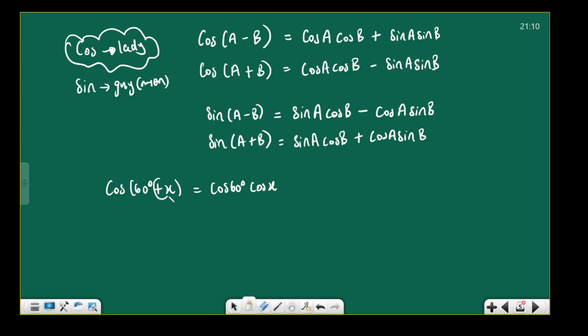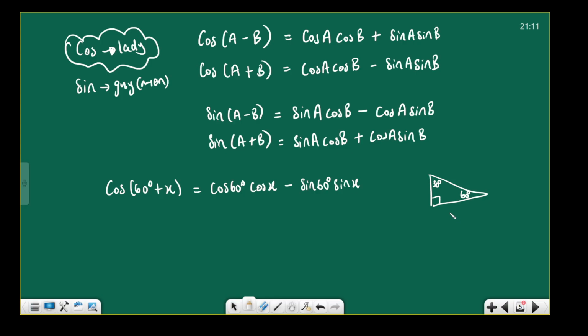Then she changes her mood to minus, and then the men are sitting there, one having 60 and the other the x. Good people, because 60 degrees is a special angle, we're going to use our triangles. So this is going to be 60 degrees, this is going to be 30 degrees.